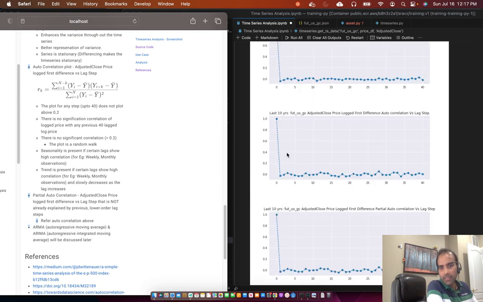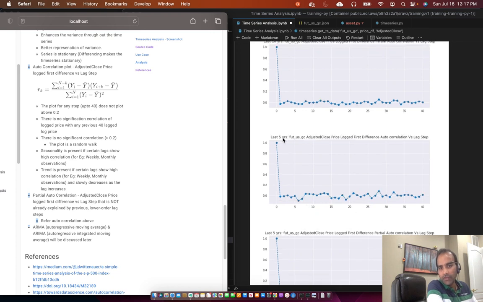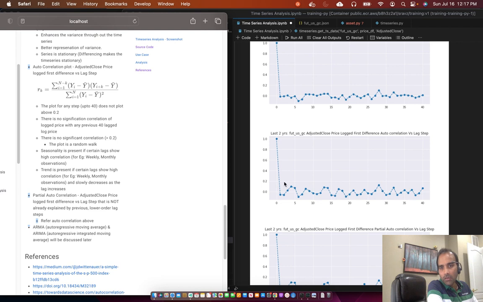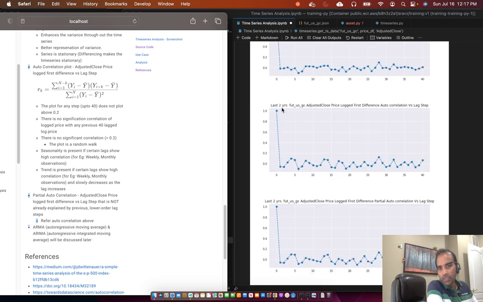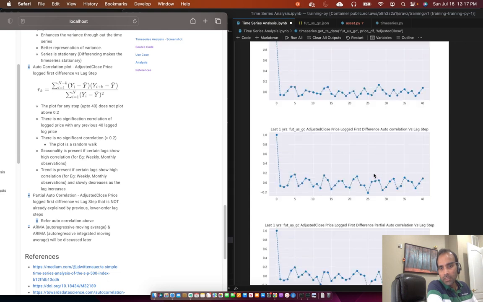Then for 10 days, we still don't see any correlation. For the last 5 years, we did see some negative correlation here, and a little bit of correlation on the 27th day, but it's not that significant. It didn't go above 0.2 in 5 days. In 2 years, same issue. We didn't see any significant correlation.